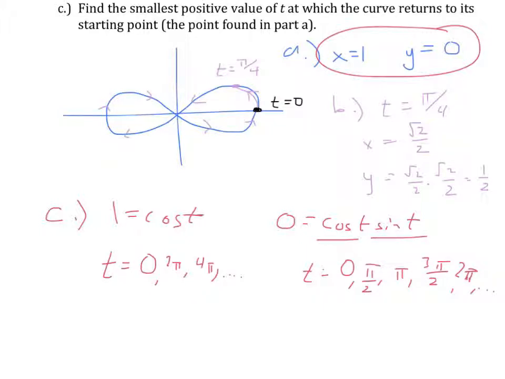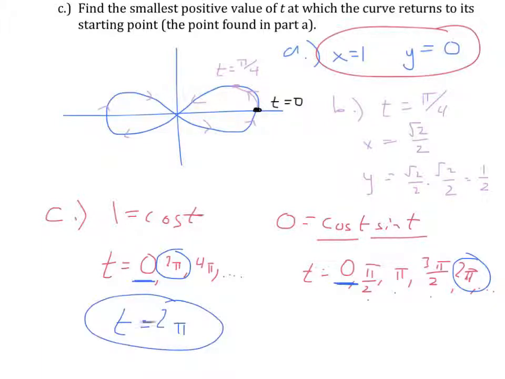So the question is, what's the answer? What's the smallest value of t where we get back to that point? Well, the only time both x and y are back there seems to happen at 0, and then both of them happen again at 2 pi. So the answer for part C is that the time will be 2 pi.